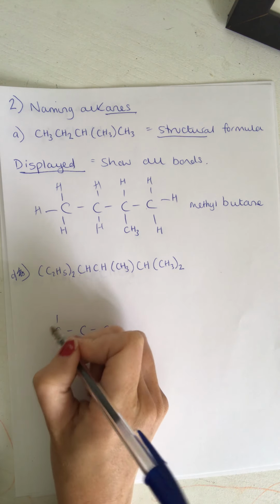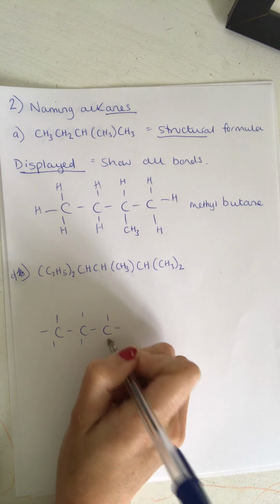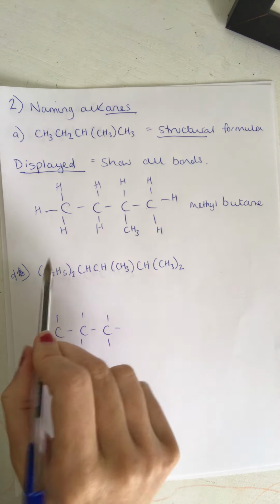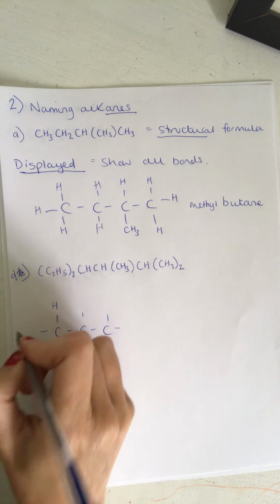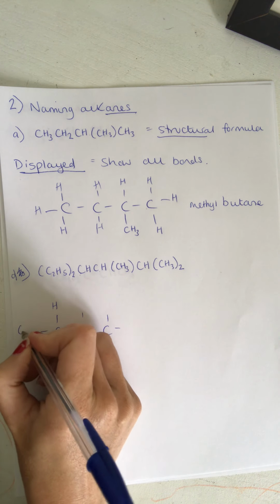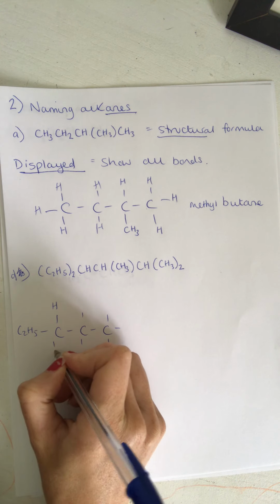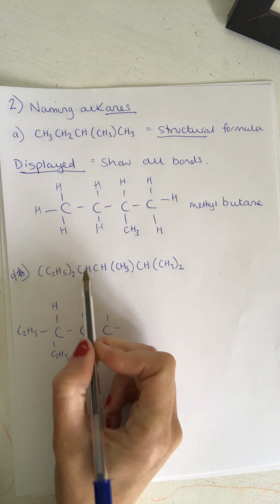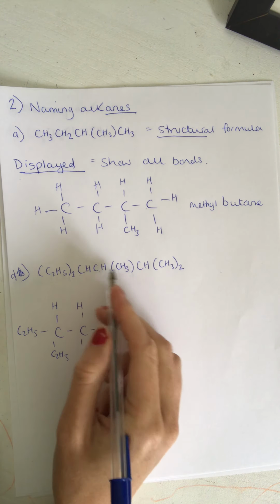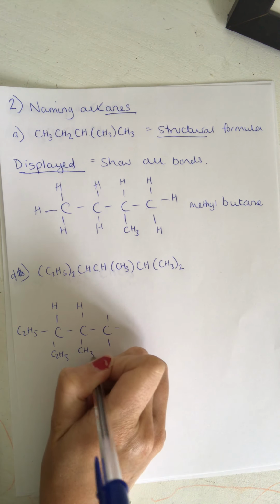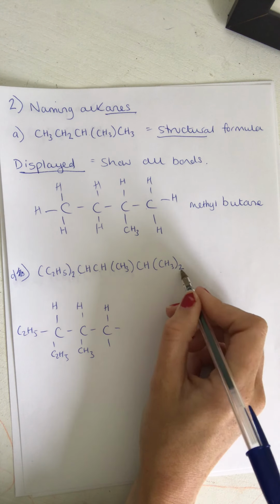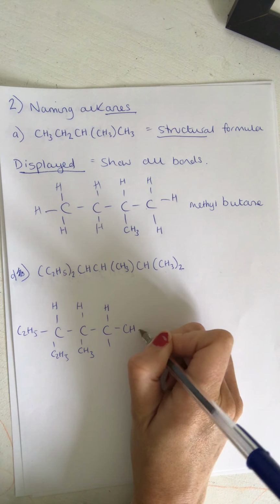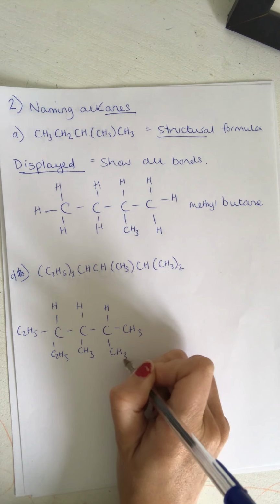This is an alkane, so I'm going to put all of my bonds in, and then I'm going to start adding groups. This carbon has 1 hydrogen attached to it and 2 ethyl groups, C2H5, C2H5. This carbon has 1 hydrogen attached to it and 1 methyl group, CH3. And this carbon has 1 hydrogen attached to it and 2 methyl groups, CH3, CH3.